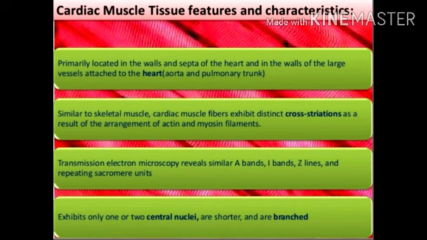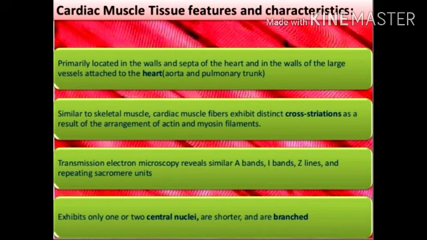Cardiac muscle tissue features and characteristics. It is primarily located in the wall and septa of the heart, and especially in the walls of large vessels attached to the heart, like the aorta and pulmonary trunk. It is similar to skeletal muscle. Cardiac muscle fibers exhibit distinct cross striations as a result of the arrangement of actin and myosin filaments.